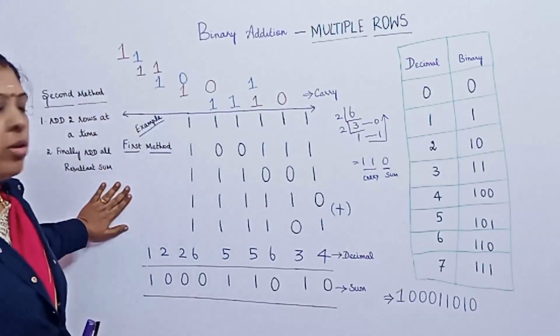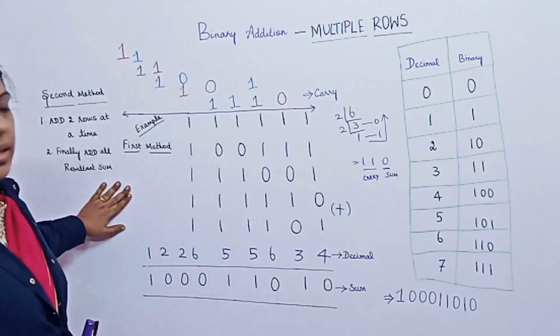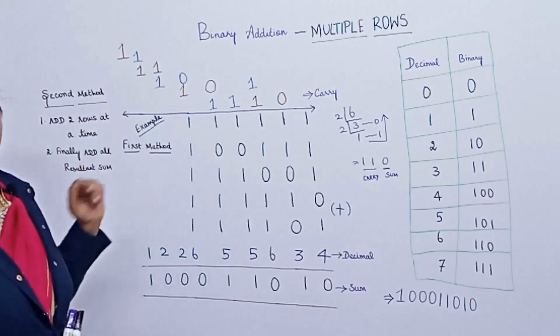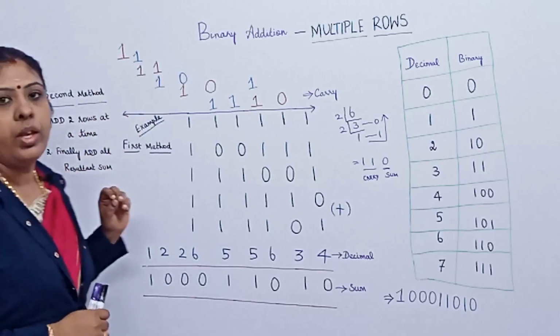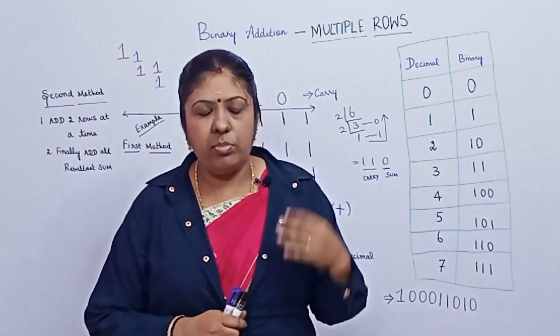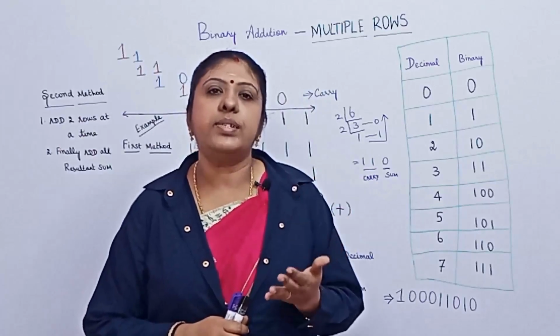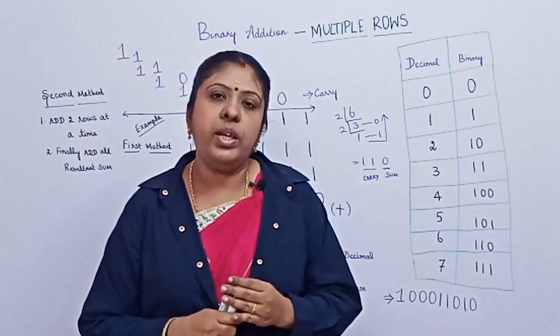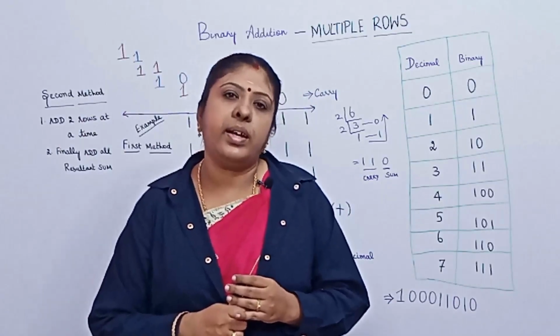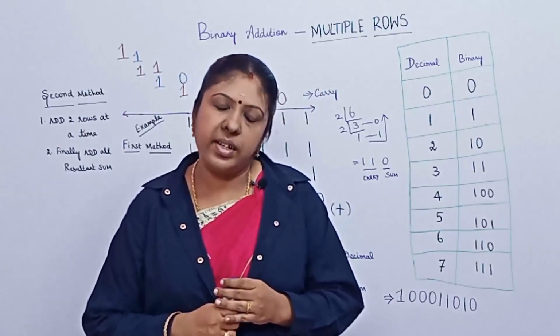First I will explain the second method because it is related to simple binary addition. In simple binary addition, we have the basic 5 rules, and we add the two numbers with the sum bit and the carry bit, and the addition can be done.